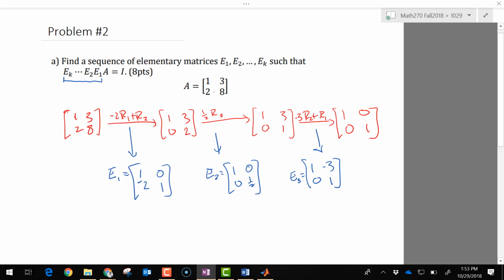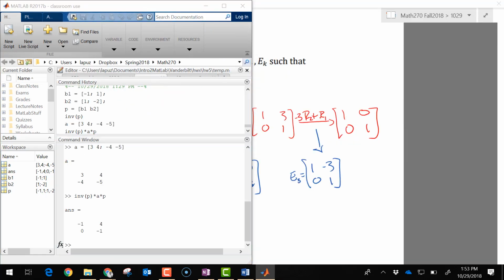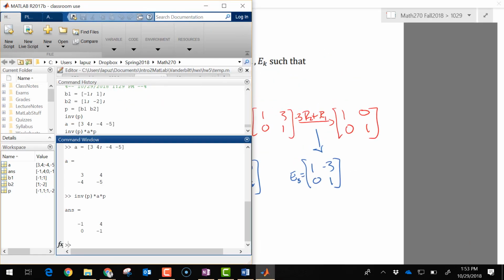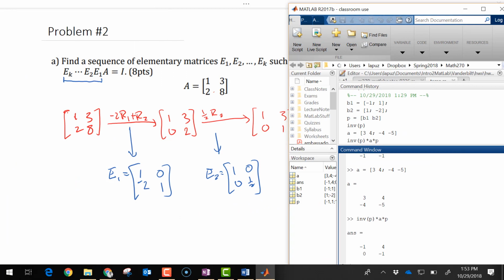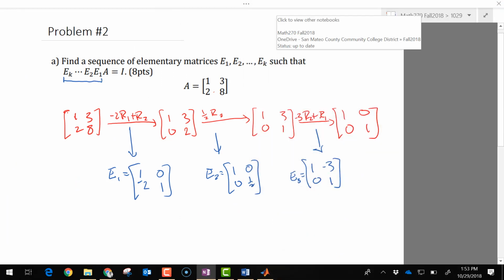I think we did this in MATLAB already, but you could do the multiplication here. So you could do a couple of things.